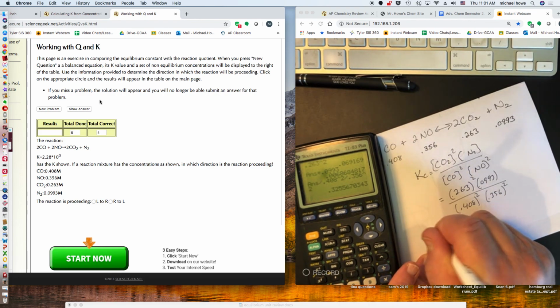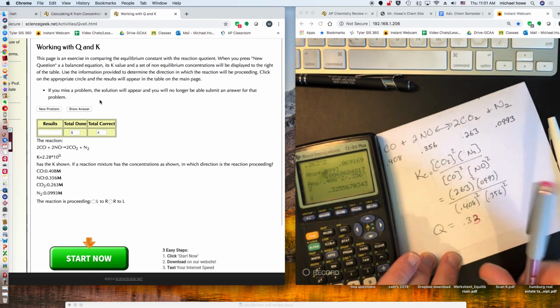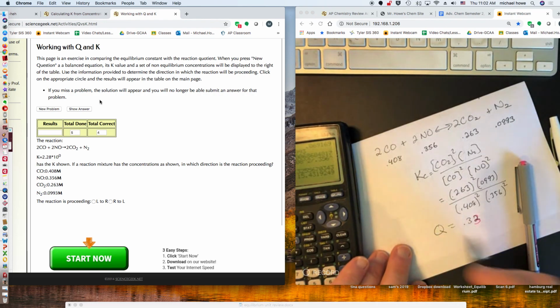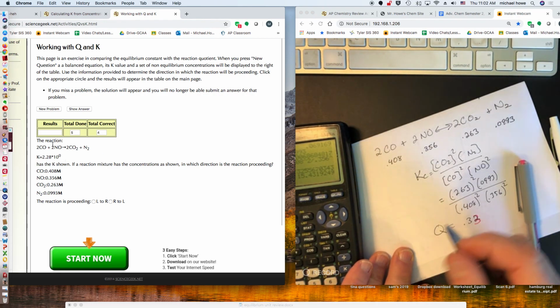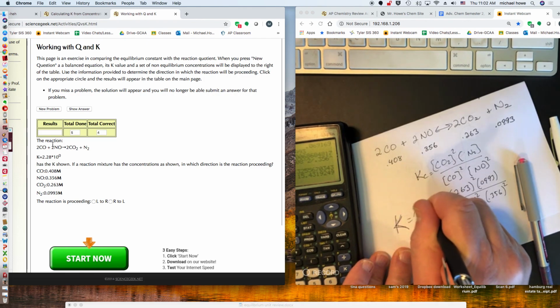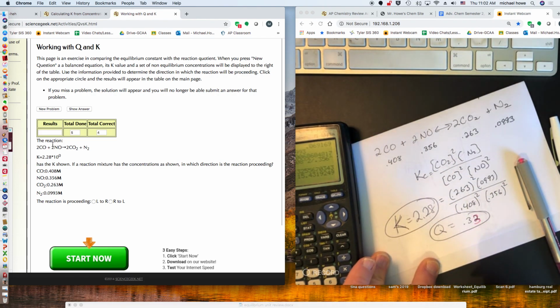Okay, so that's Q. That's called the reaction quotient. We'll call it 0.33 actually. All right, so then go over to the problem here. And we know that K is 2.28. So K equals 2.28. Q, 0.33.